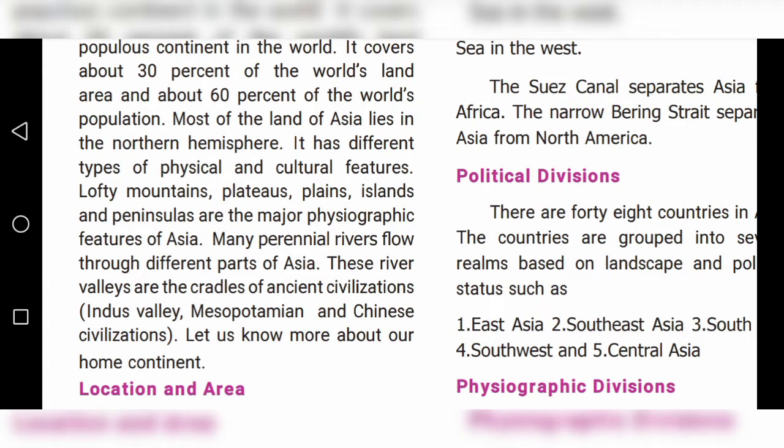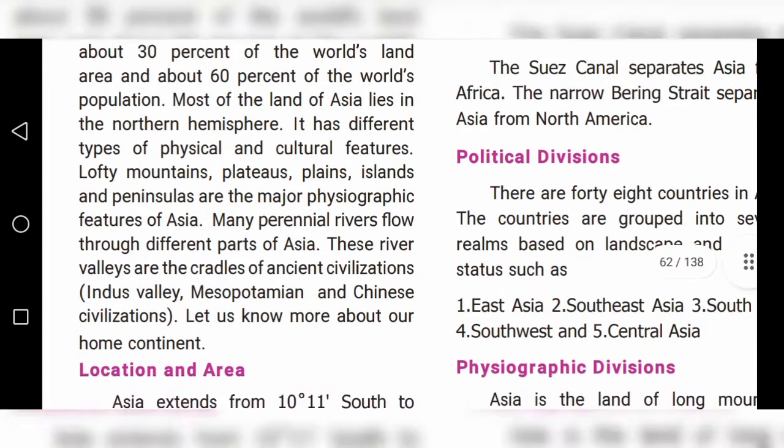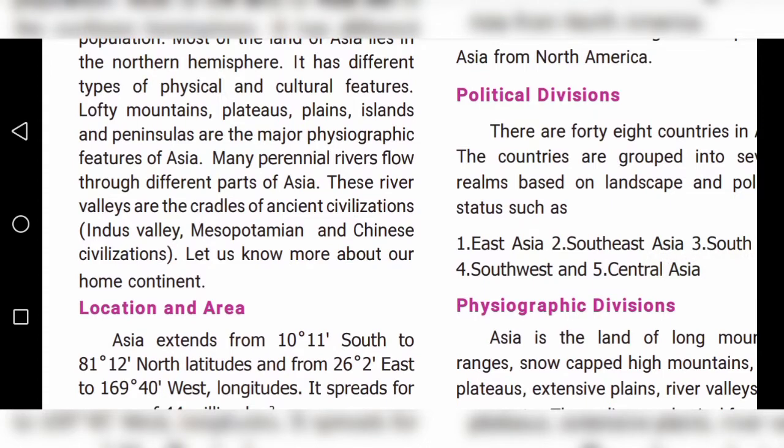Lofty mountains, plateaus, plains, islands and peninsulas are the major physiographic features of Asia. Many perennial rivers flow through different parts of Asia. Perennial rivers means the river flows water throughout the year. It flows through different parts of Asia.